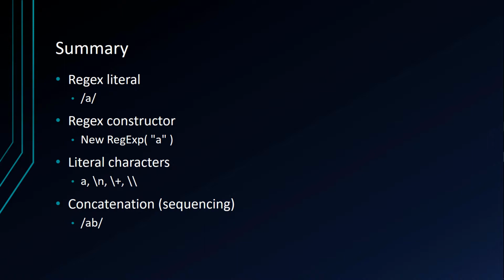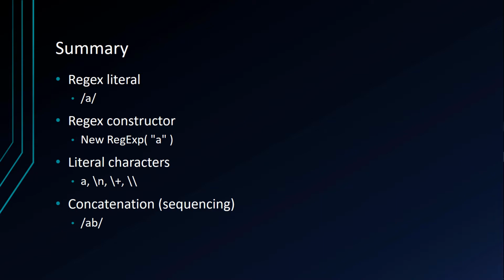Let's summarize what we already know. We have found out how to construct the regex literal by using a slash, the expression itself, and another slash. We also use the regex constructor, which is new RegExp, and the internal part of the regex literal as a string. Obviously, new comes with lowercase, not with uppercase.